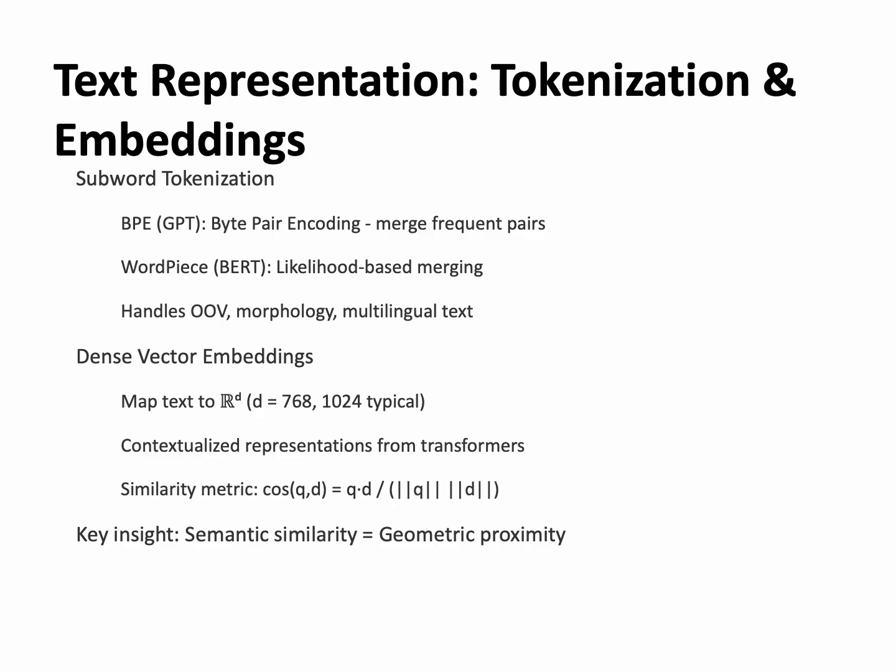The model processes these through transformer layers, where tokens look at each other through self-attention and build context-aware representations. We measure similarity with cosine similarity, which is essentially the angle between vectors. Similar vectors mean similar meanings, even with different words.